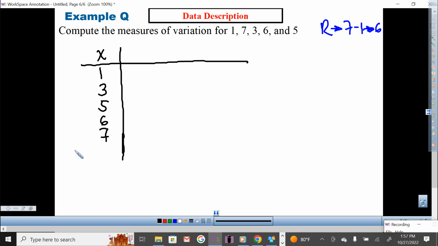So, let's assume that this is a population. Tell your neighbor what we're going to find first. Mu, yes. So find mu, which is the mean for the population.